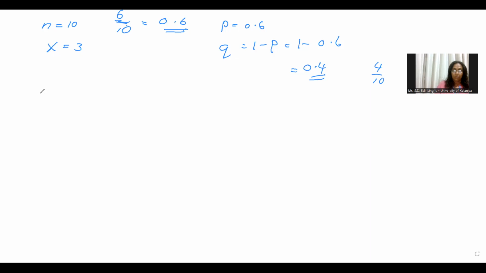So that means probability of x, this is where these 3 people belong to the trade union. Right? What is the probability that the selected 3 people will all belong to trade union. So I will write here.